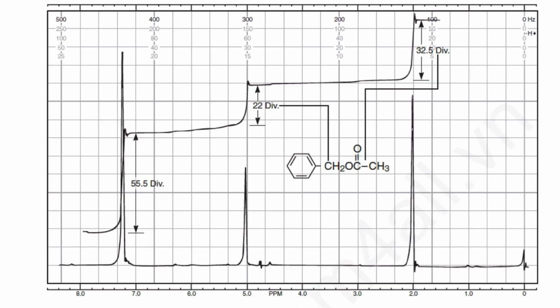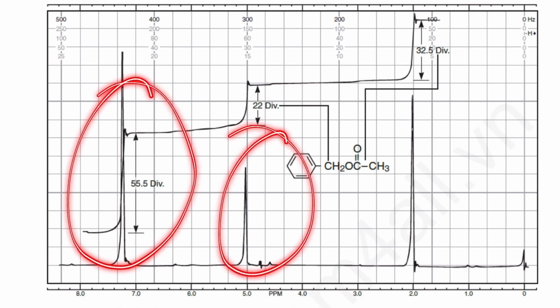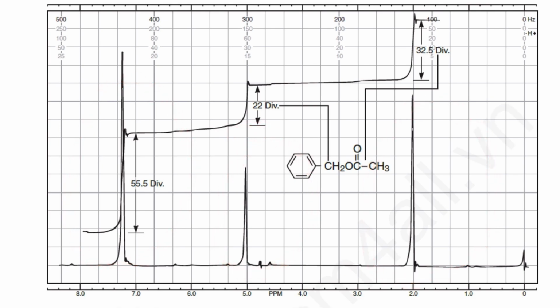So, corresponding to these three types of protons, there are three different types of peaks that have appeared in the spectrum. And if we see the area under these peaks, this will give us the quantity.